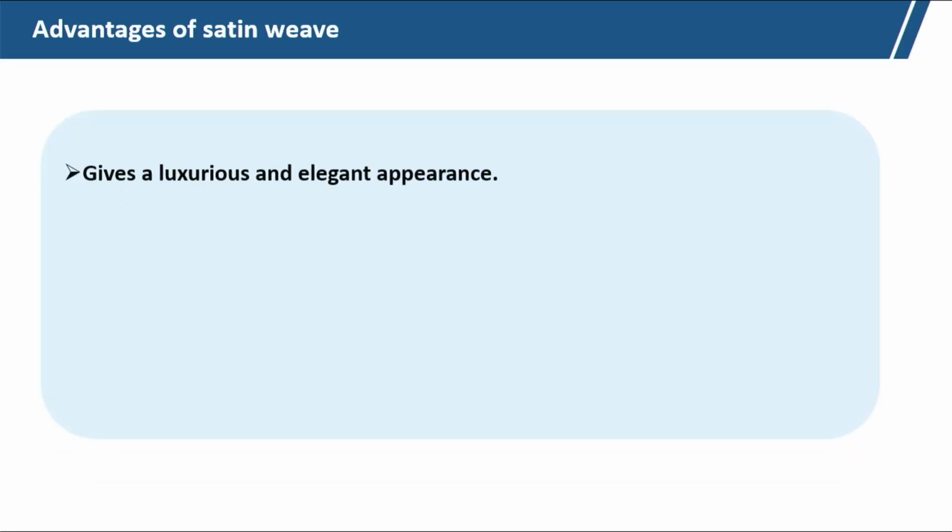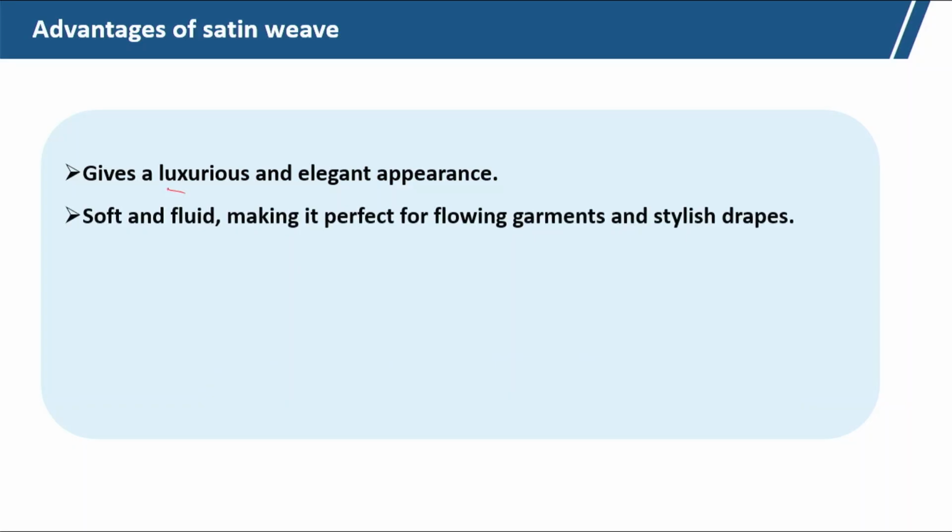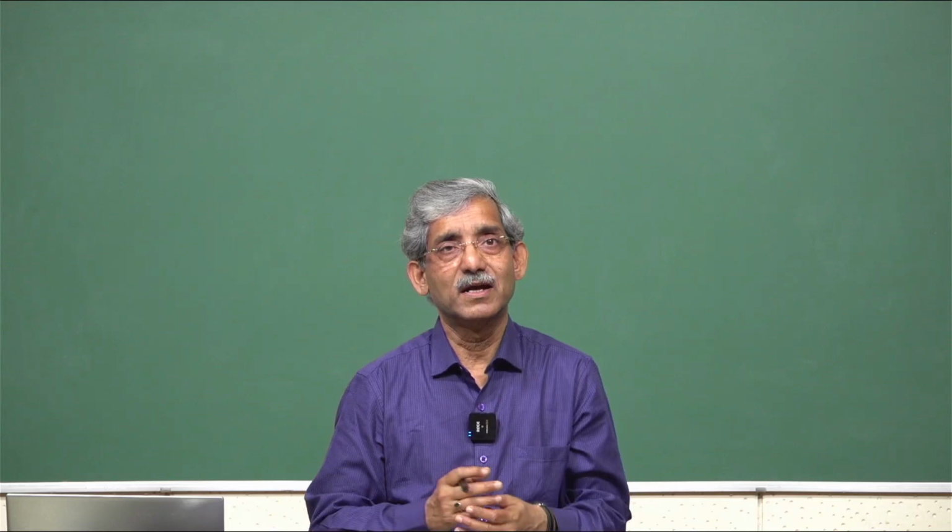Now, what are the advantages? It gives a luxurious and elegant appearance. So, for very high fashion garments, we use the satin weave. It gives a rich and elegant look. It is soft and fluid, with very nice drapability.